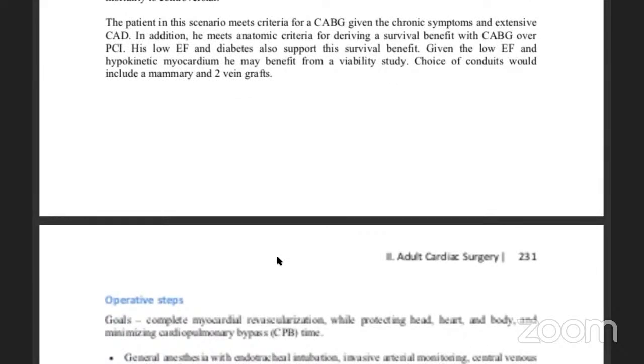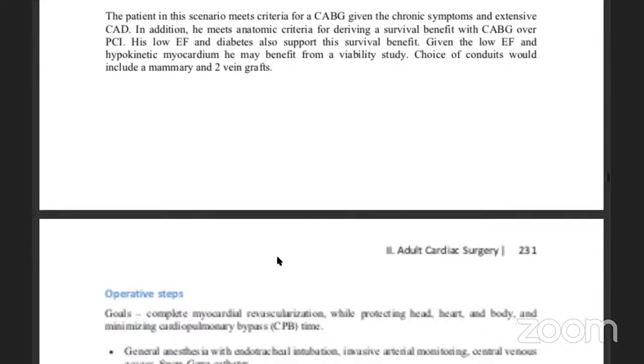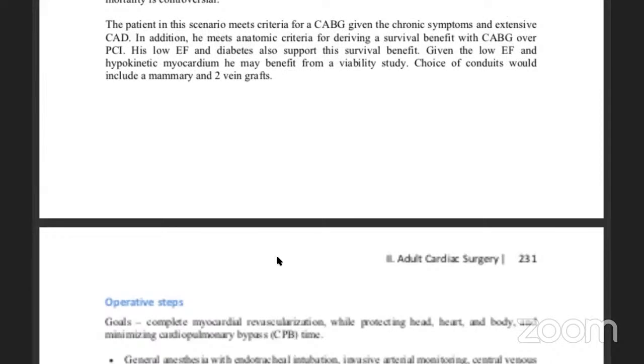Zainab, let me try. So we'll start by, we planned already our incision. So we'll start with the skin incision. We'll use the scalpel, and then we'll dissect with the cautery. We will do our hemostasis. We'll control any bleeding, and then when we reach the sternum, we will mark the area that we will use the saw with, and then we'll open the sternum with the saw.